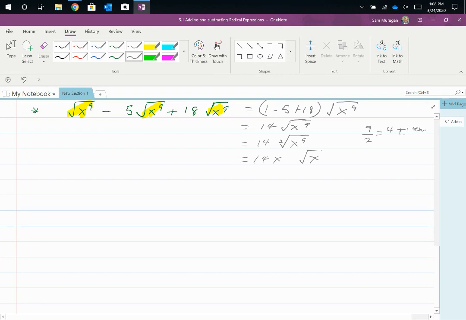So x to the 4th power plus 1 remainder on the x in here. So our final solution is 14x to the 4th power. Let's write this properly. And then the 1 remaining x under the square root sign.